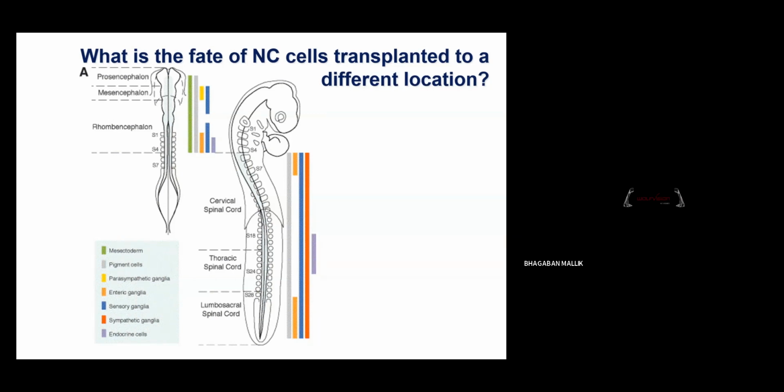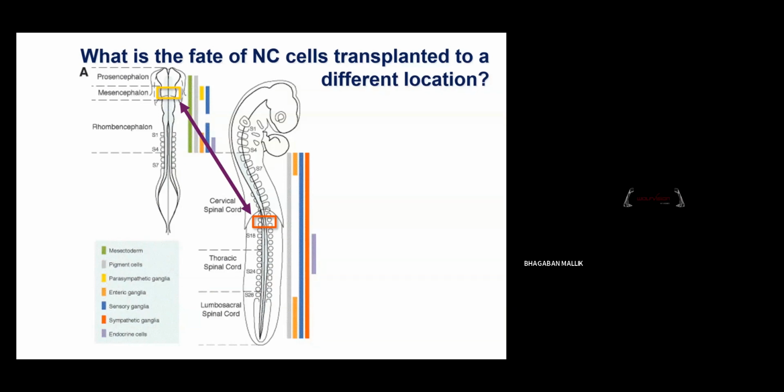Here I'm going to talk about a specific experiment they have done to identify that the local environment actually helps in developing specific types of neurons. Okay, so what they have done is they have taken some cells from the mesencephalon and put them in the trunk neural crest region, in the cervical spinal cord region.